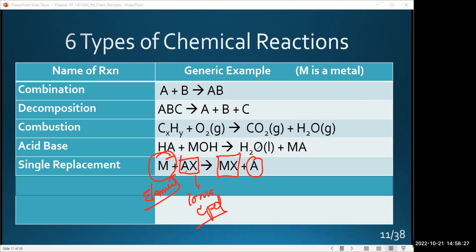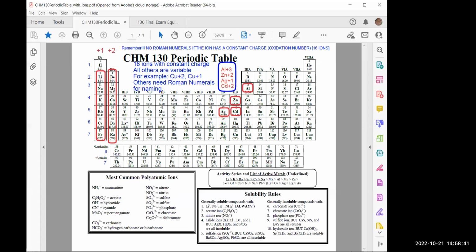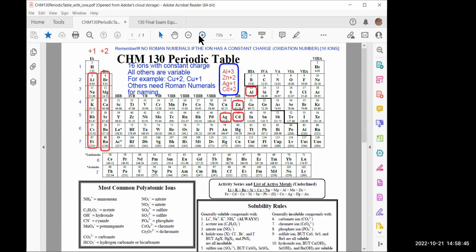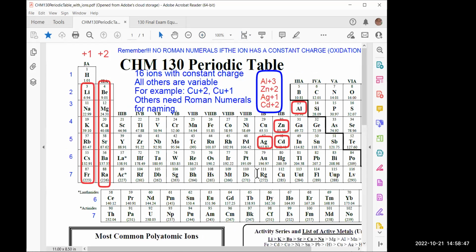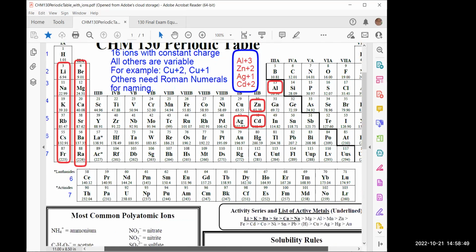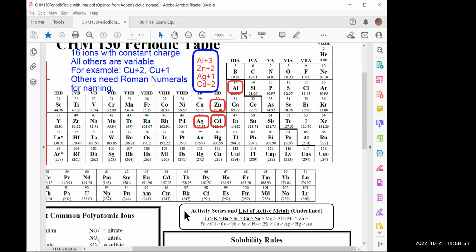What governs this reaction to occur is what is called the activity series. Now, in your periodic table, right above the solubility rules, and we're going to talk about this at length, you have what's called the activity series.